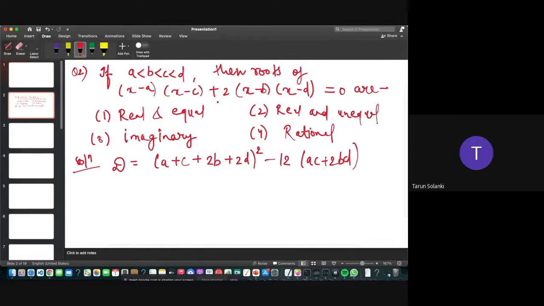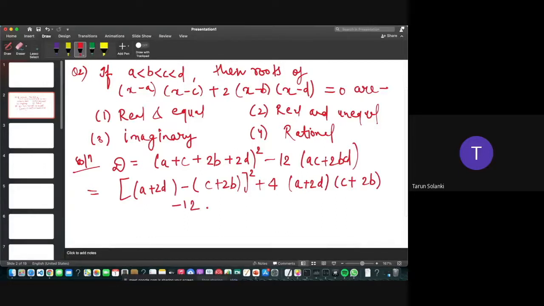You have to expand this first, okay, then you will get this. So from here, now you have to expand this, so we will get (A plus 2D minus C plus 2B) whole square plus 4 times (A plus 2D)(C plus 2B) minus 12(AC plus 2BD).